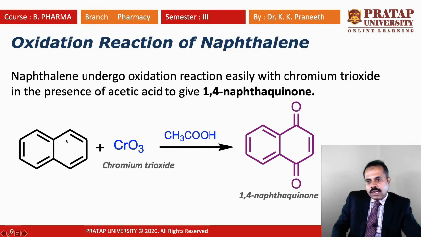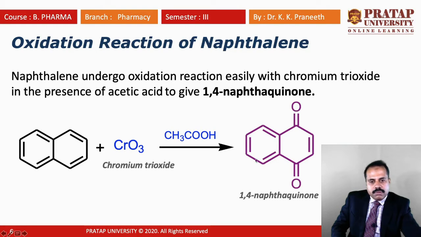So, the reactant here is naphthalene, okay. And what is naphthalene converted to? Naphthalene is converted to a new product. In the new product, oxygen is present. In naphthalene, there is no oxygen.